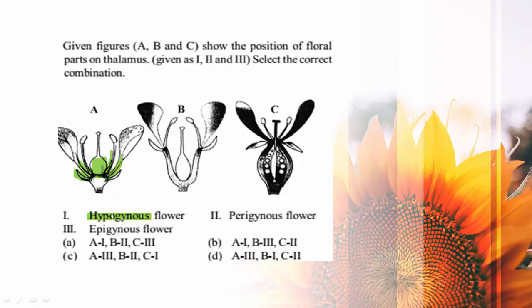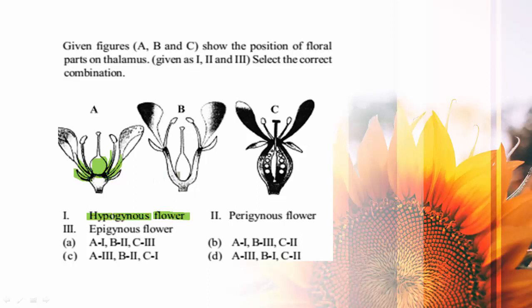From the base of the gynoecium, if all the remaining parts of the flower are arising, it is nothing but a hypogynous flower. And in the hypogynous flower, the ovary is superior because the remaining parts are arising from the base of the ovary. So here the ovary is considered as superior ovary.